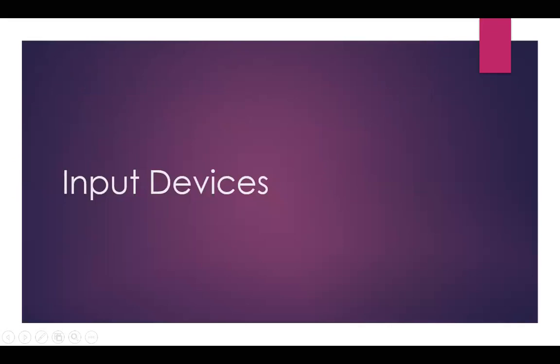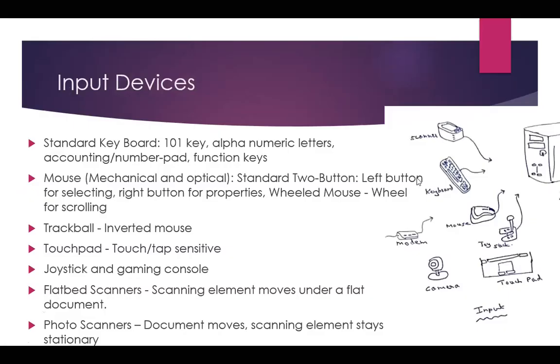Now, what are the input devices? Initially, I showed a computer system with a lot of input devices, and this is the part of that diagram on the right side. The most important input device is the keyboard.